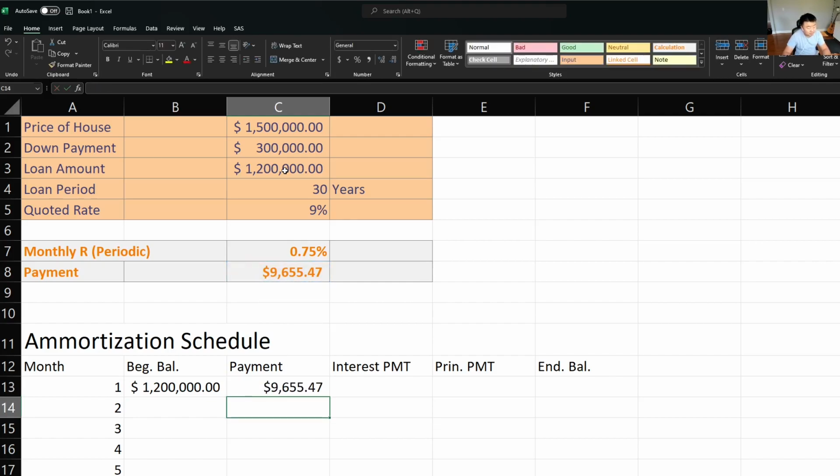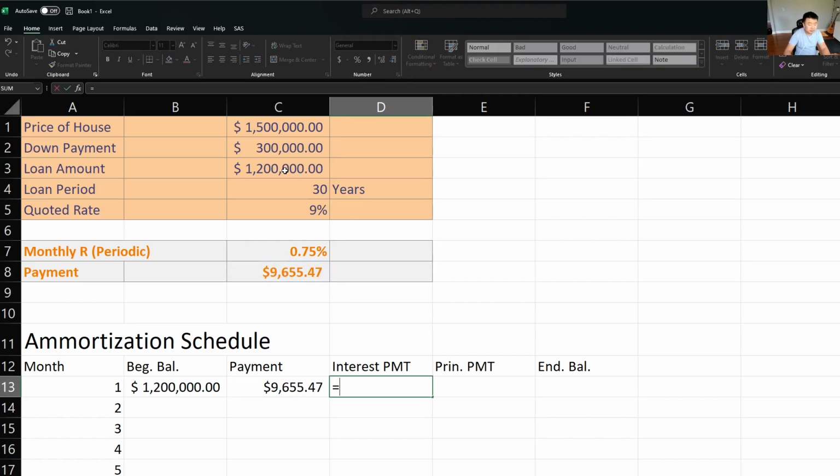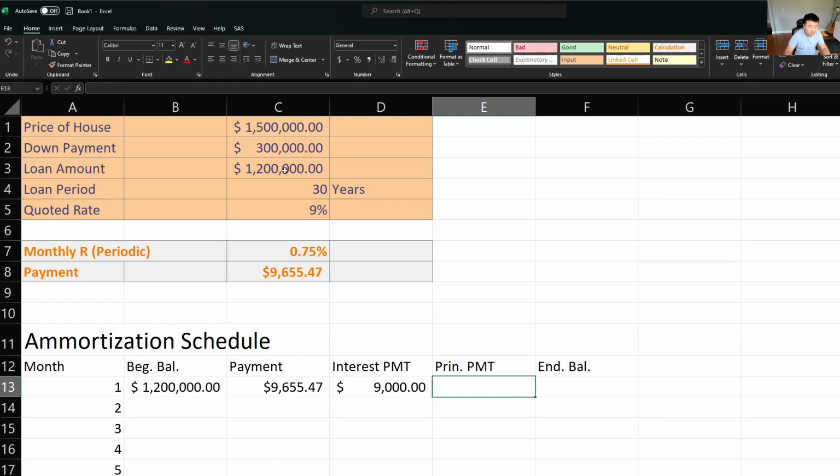Remember the dollar sign, you really need it. And the interest payment is a result of the beginning balance of the month, right? At the beginning, I owe $1.2 million, and I need to pay a periodic interest rate, which is 0.75%. So C7.